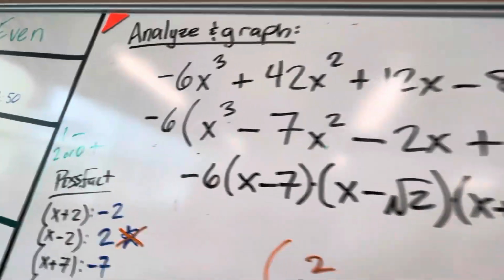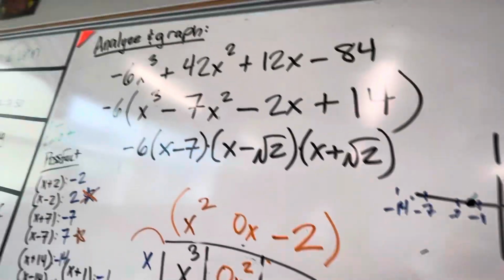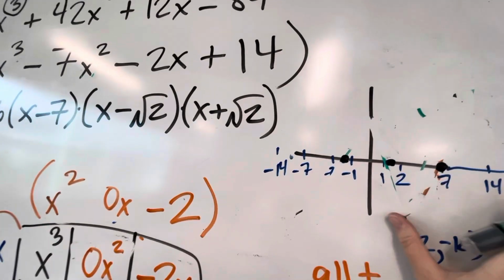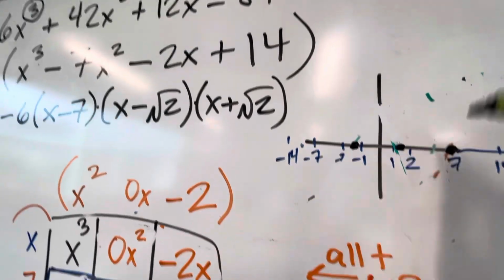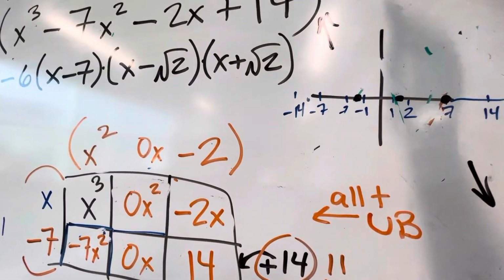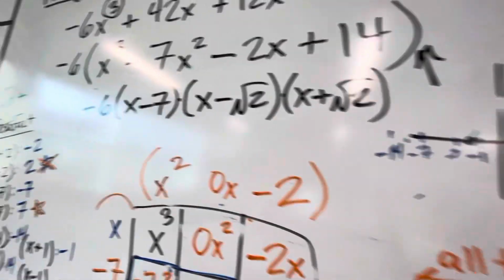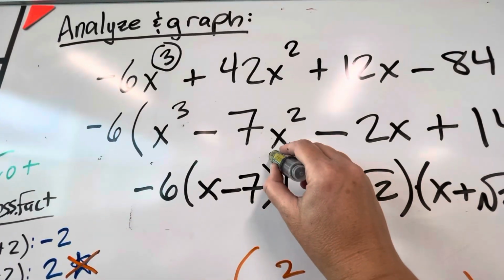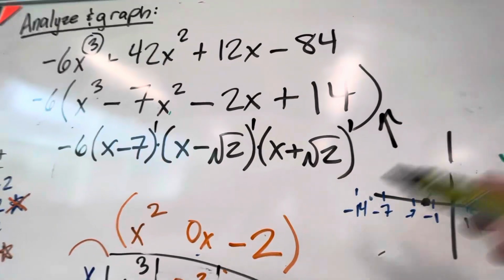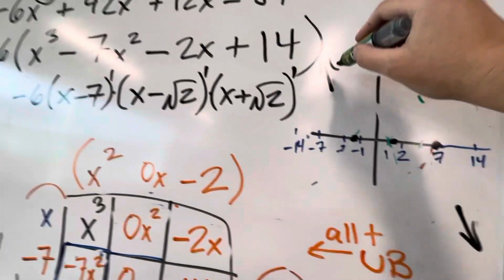So my leading term says negative with an odd degree, so even that point got moved. Negative with an odd degree leaves here, and all of my factors have a multiplicity of 1. So I'm going to cross right through them as if they were just part of a line.